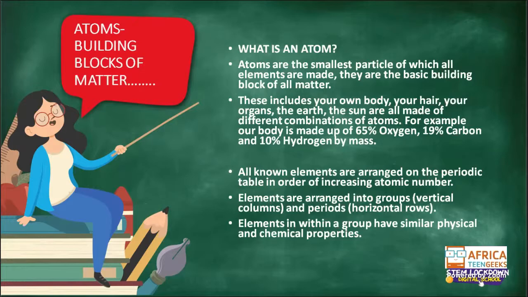Elements within a group have similar physical and chemical properties. So if you look at group 1, we have hydrogen, lithium, sodium, potassium. It means they will all have the same physical and chemical properties.